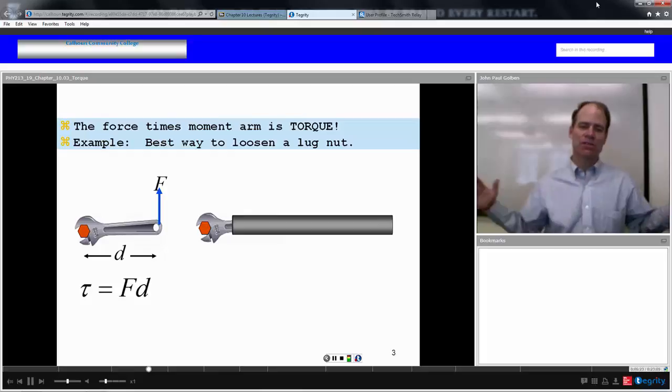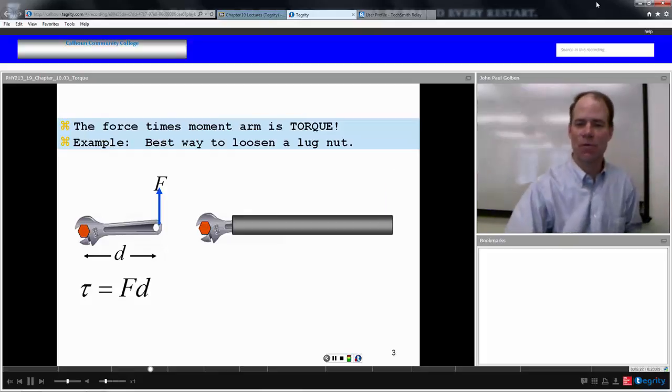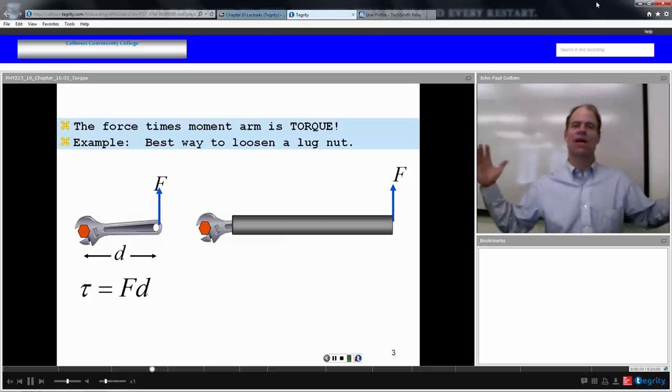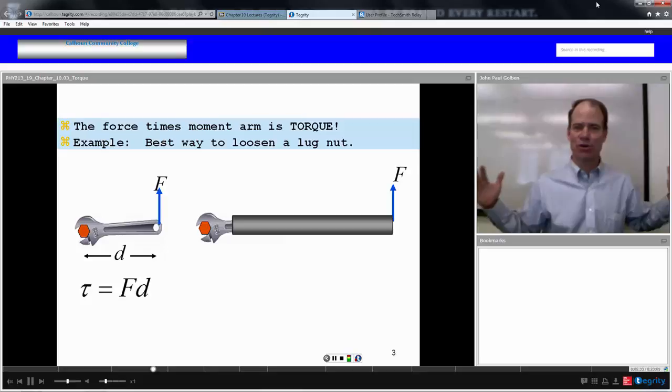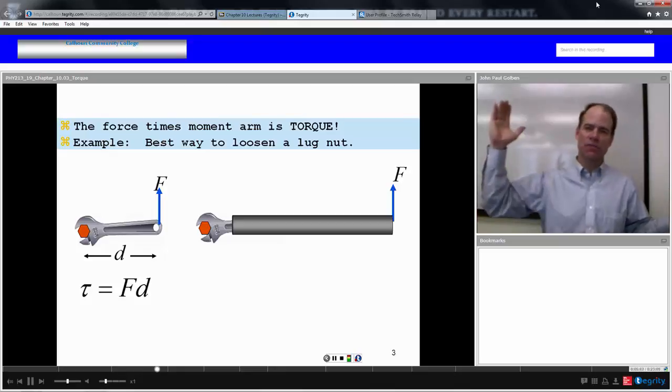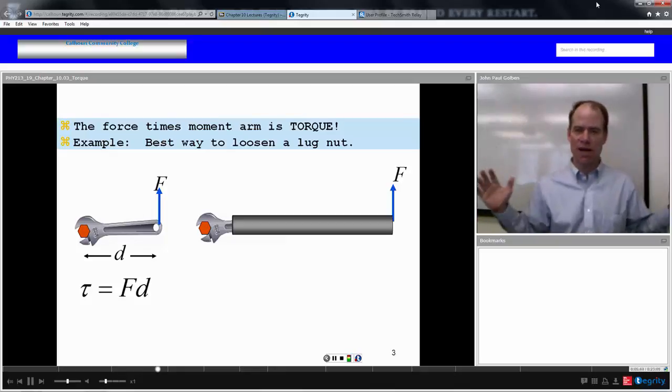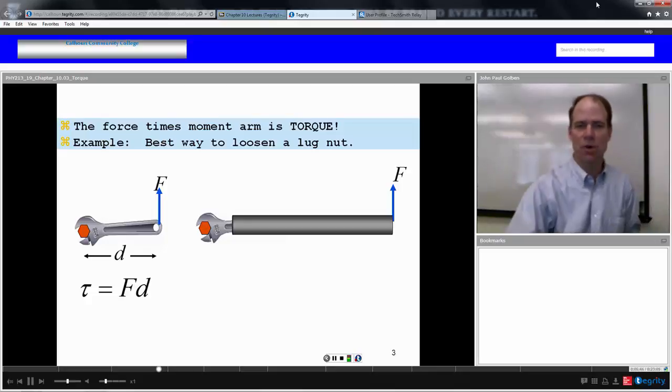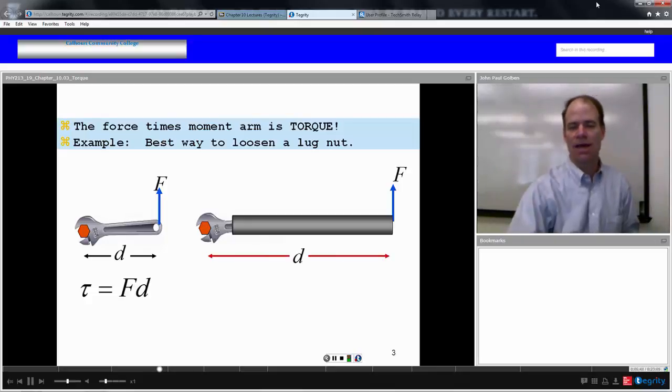And maybe you can increase your moment arm by 3 times, and hence you can apply the same force that you were applying before, but now you have a moment arm that's 3 times longer. So the torque you're applying is 3 times greater. So you can use this mechanical advantage, apply the same force as before, but now you have a 3 times greater torque because your moment arm is longer, and hence now you can turn the lug nut.